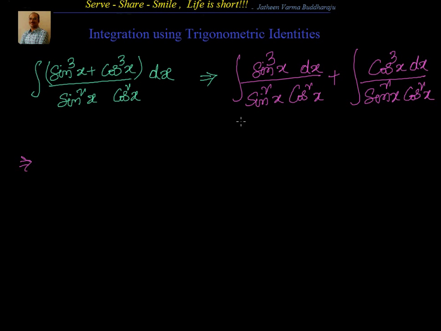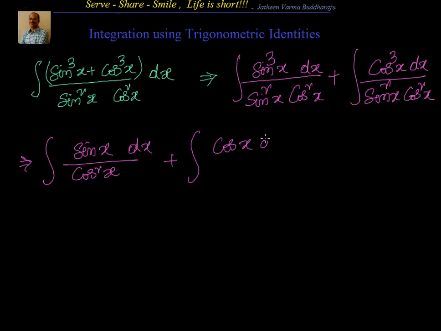If I simplify, sin square x will cancel and I will have integral of sin x by cos square x dx plus integral of cos x dx by sin square x.